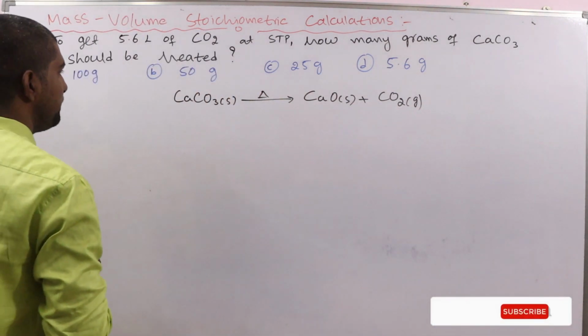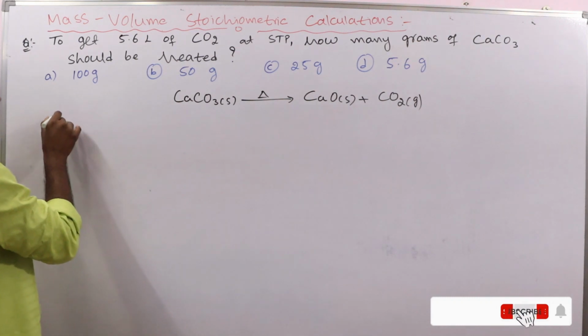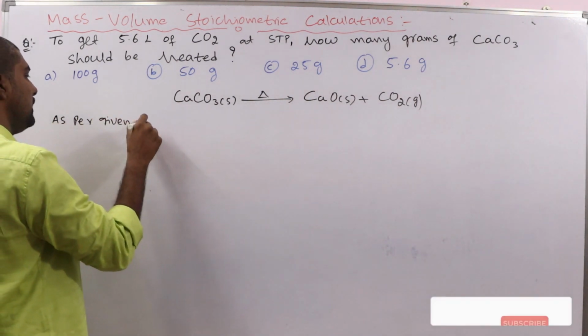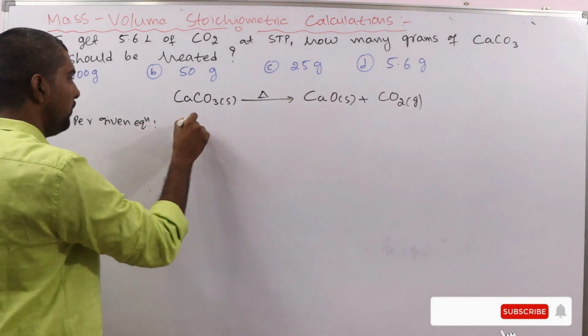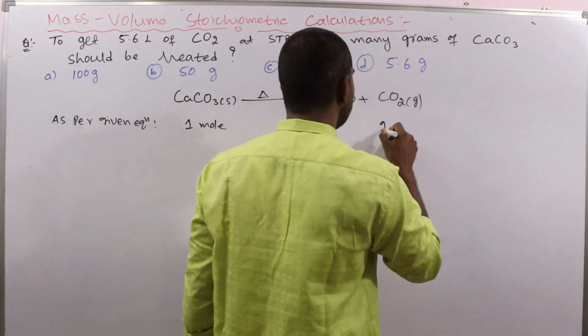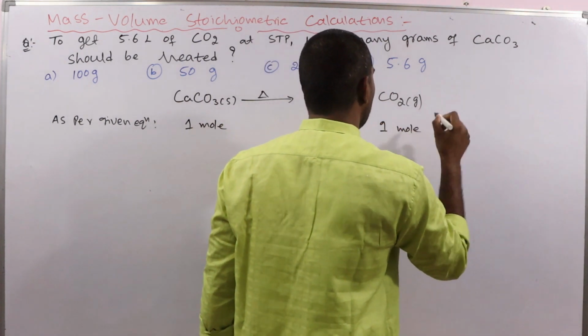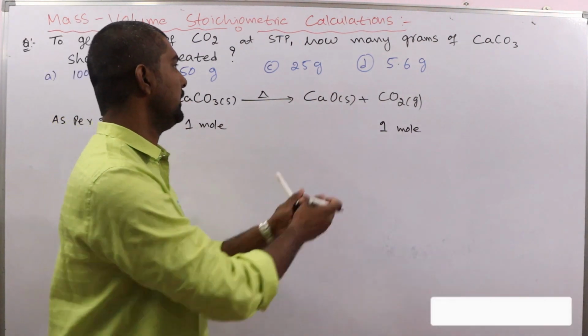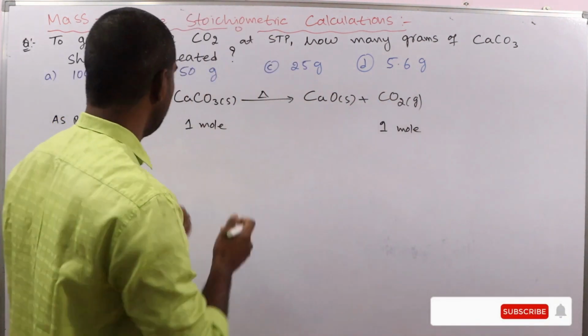Now, as per the given equation, 1 mole of calcium carbonate is giving 1 mole of carbon dioxide. So when 1 mole of calcium carbonate is heated, we are getting 1 mole of carbon dioxide gas.